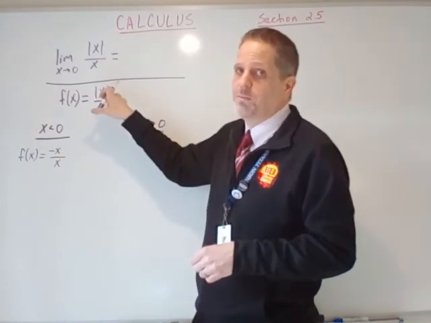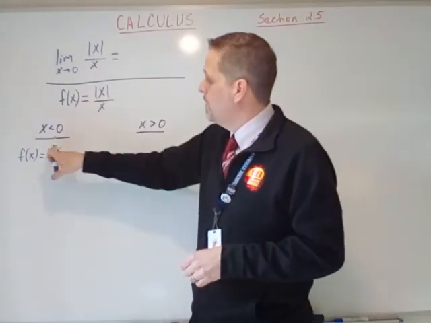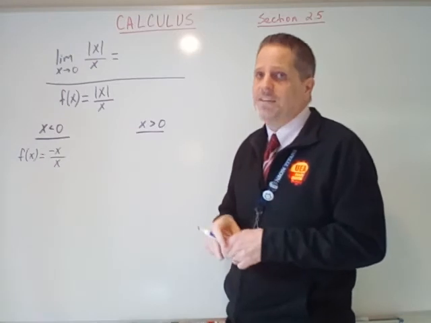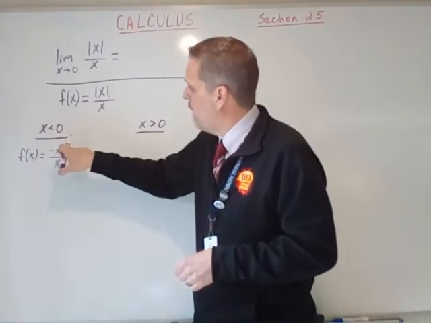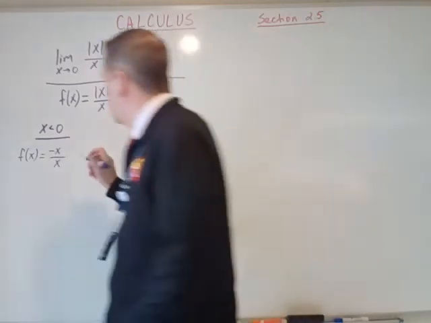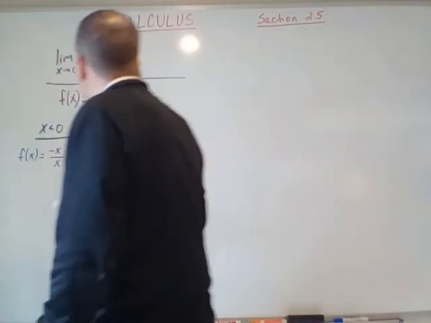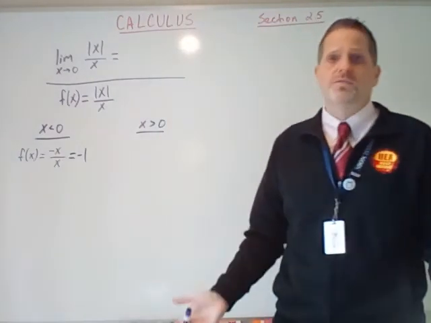The absolute value makes them positive. It takes the opposite of them. So I'm going to take the opposite of them, not with the absolute value sign, but with the negative sign. So to the left of 0, this function is opposite x over x, which cancels to -1.